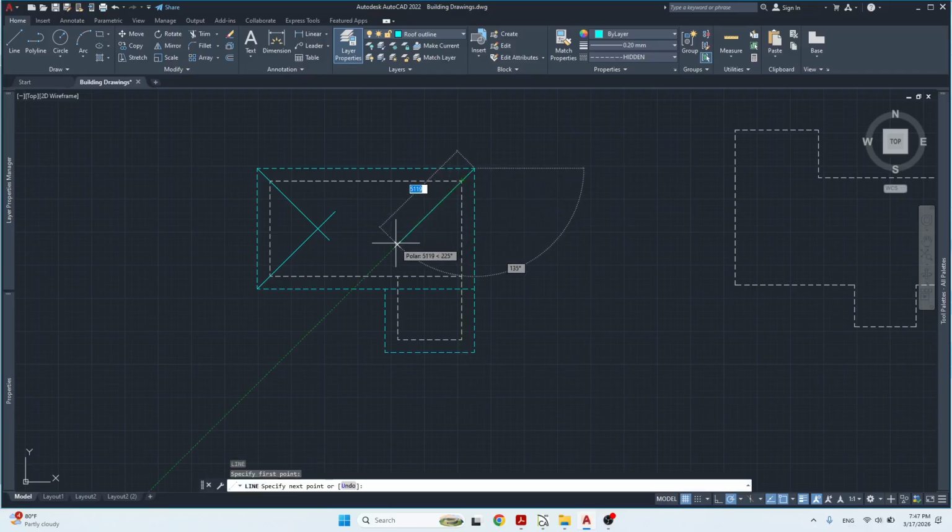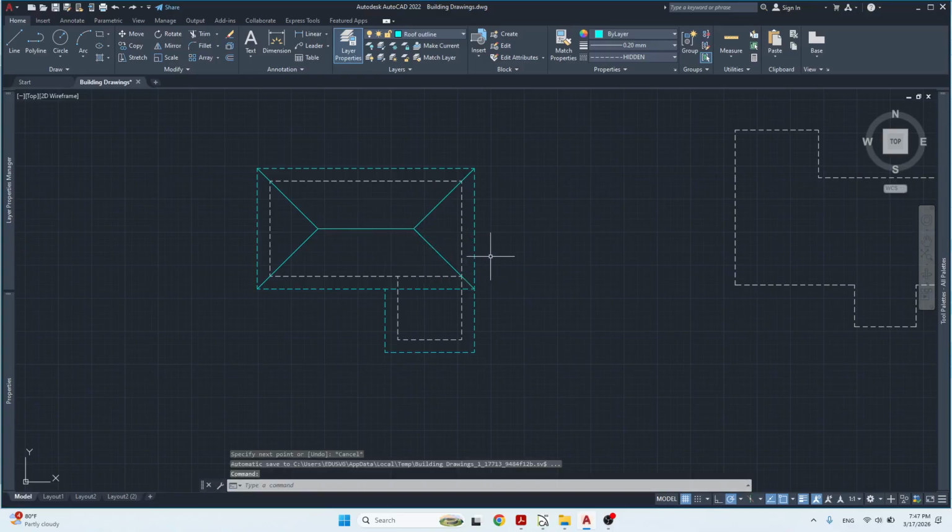I'll bring this in like so, and then bring this in like so. I'll just trim these off. Now where these hip rafters intersect each other, where they meet each other, that's where my ridge is going to go, right across like there. So I treated this false rectangle as my roof like that.